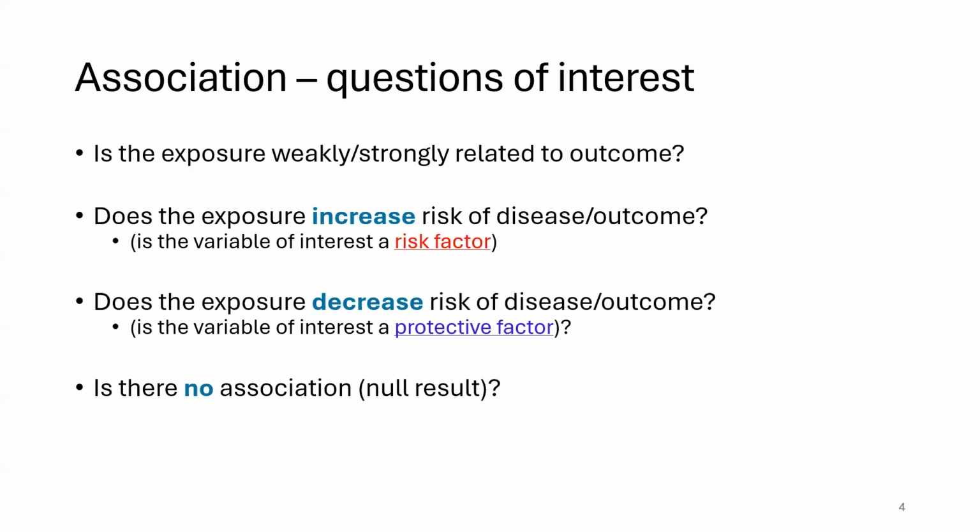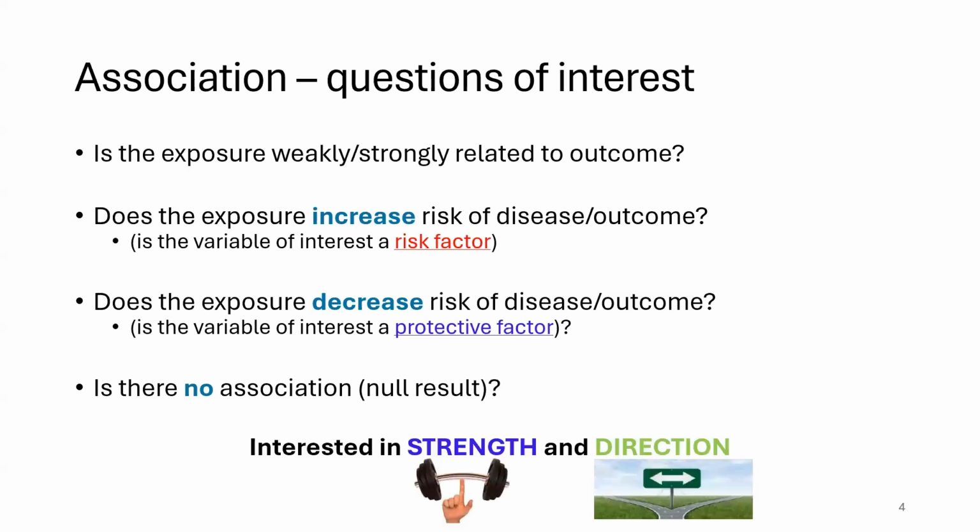We also are looking to answer whether or not there is an association, as there might not even be an association between two different factors. So, some key things we're interested in finding by capturing the association between two different things are the strength or magnitude of a relationship as well as the direction, positive and negative. Is it a risk factor or protective factor?